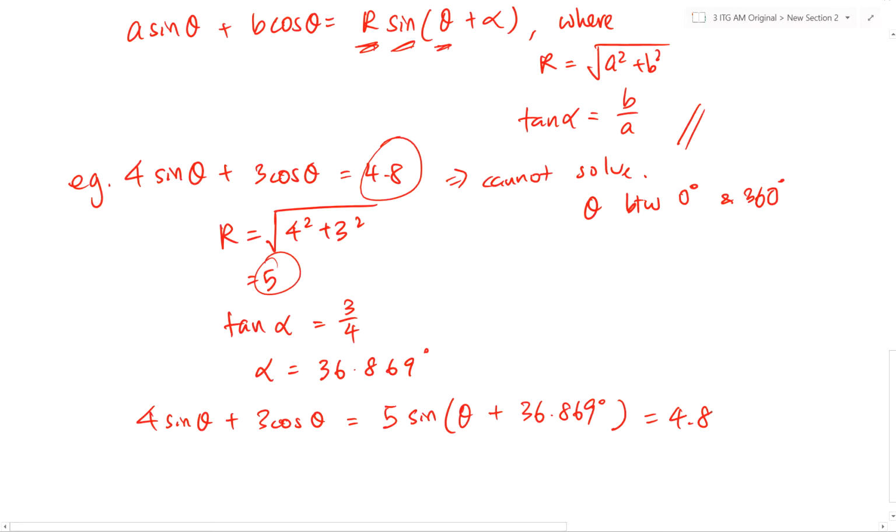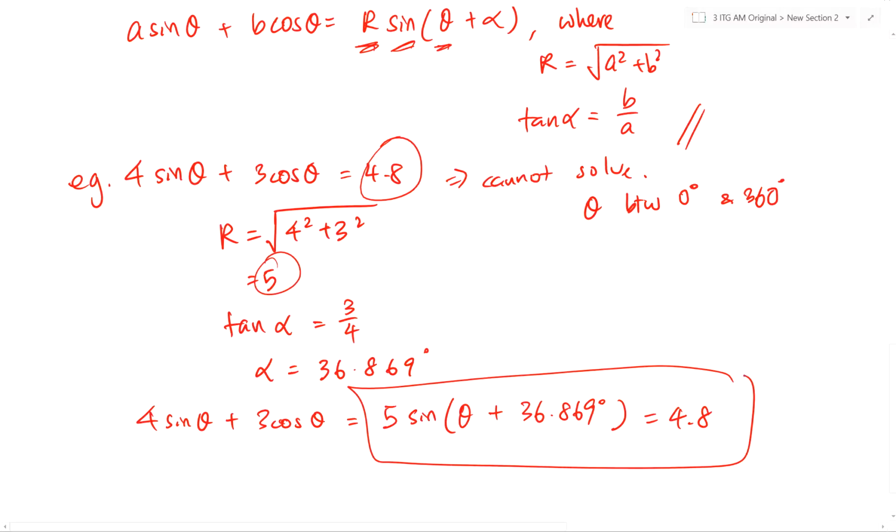So the whole point of this is I rewrite something that you cannot solve, 4 sine theta plus 3 cosine theta, to become 5 sine theta plus 36.869 equals 4.8. This you can solve.